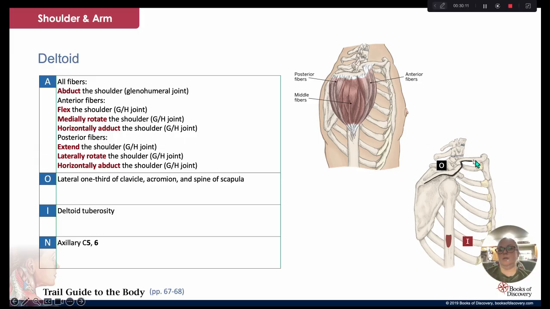So it's right here on the lateral 1/3 of the clavicle, the acromion, and the spine of the scapula. And it attaches, all the fibers come together. It forms kind of like a little peak here, and attaches on the humerus on a spot. It's roughly about halfway down, maybe a little less, to your deltoid tuberosity.